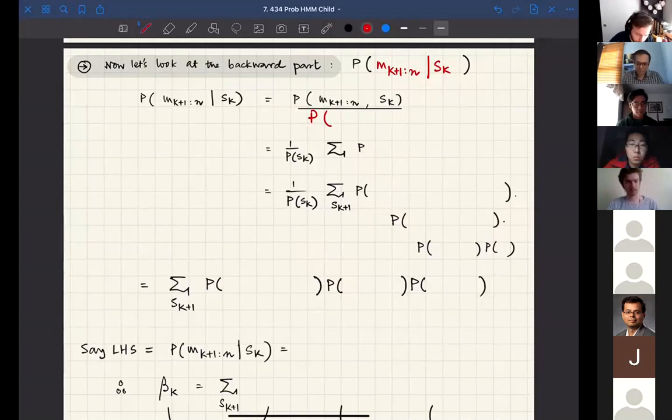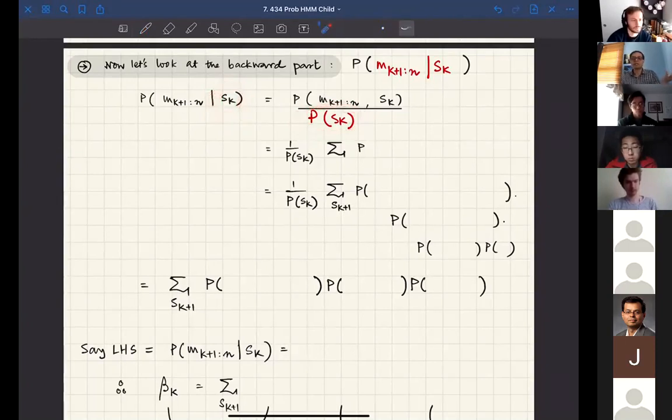Is it SK? Very good. Can we ignore the denominator? No, we cannot ignore it anymore. Because for every value of sk, this denominator will change.